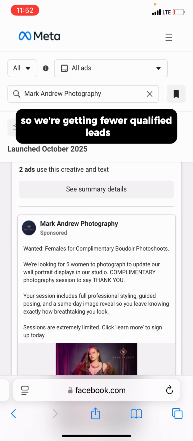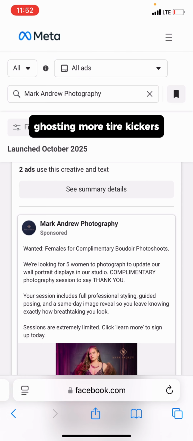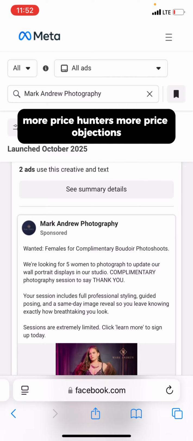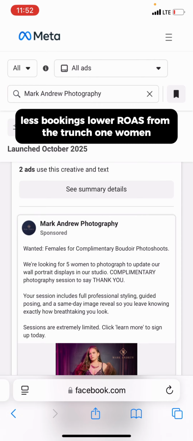So we're getting fewer qualified leads for qualified appointments. We are getting more ghosting, more tire kickers, more price hunters, more price objections, resulting in fewer conversions, lower sales, lower revenue, fewer bookings, lower ROAS from the Tranche 1 women.